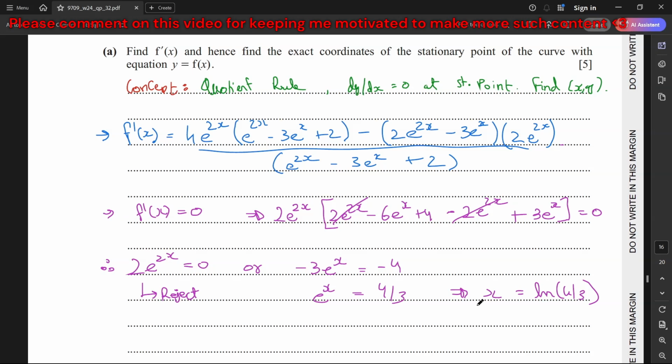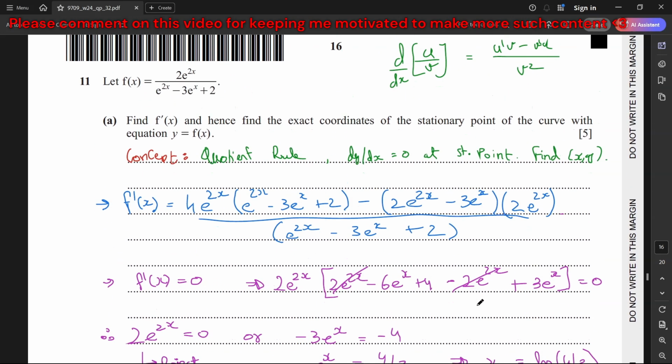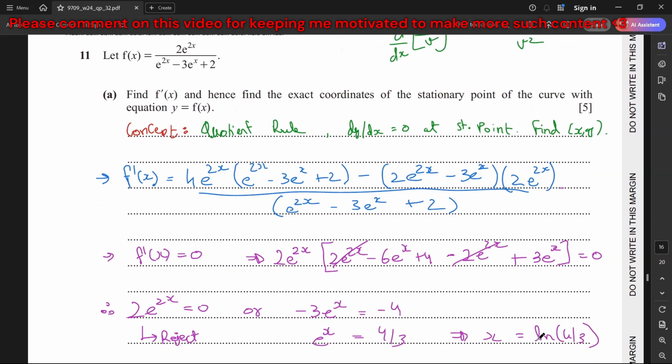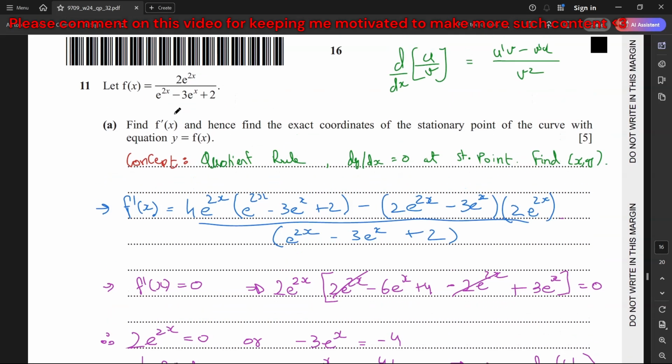Now how do I get the y coordinate? To get the y coordinate, I simply need to substitute the value of x as ln of 4 by 3 in this equation.